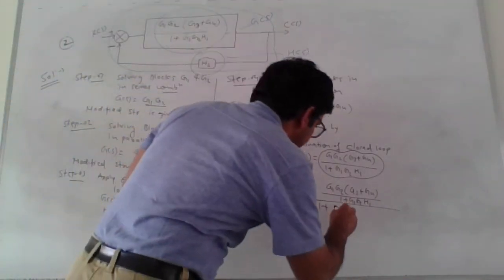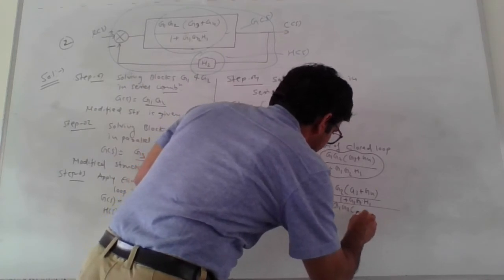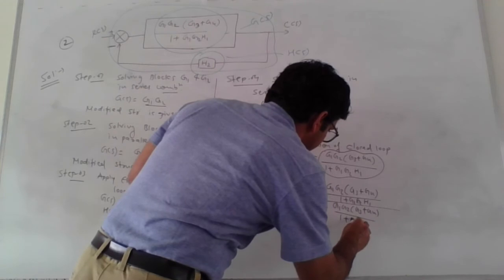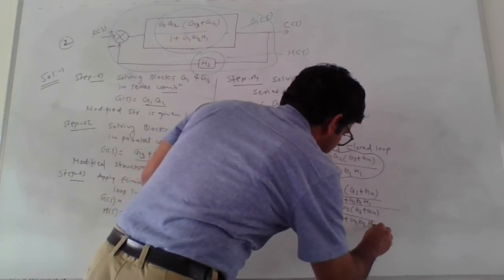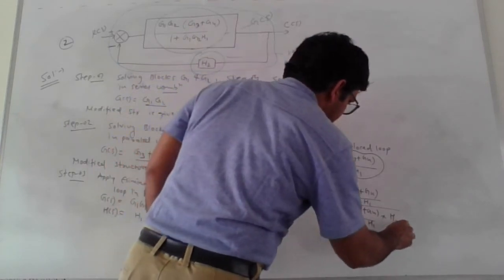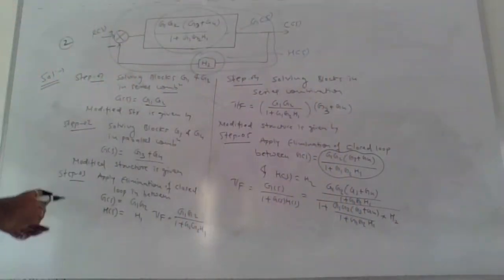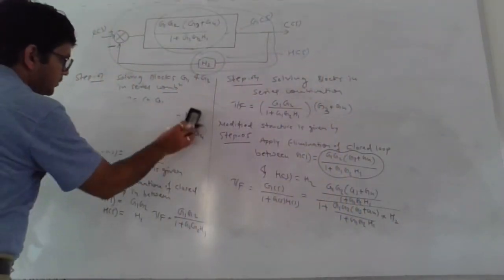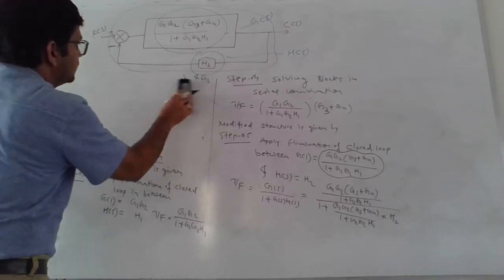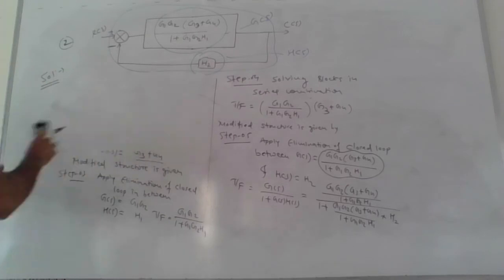So again we need to write the same term, g1 g2 in bracket g3 plus g4 whole divided by 1 plus g1 g2 into h1 multiplied by h of s, and the value of h of s is nothing but h2. That's it. So what we need to do, we need to solve the value for transfer function.